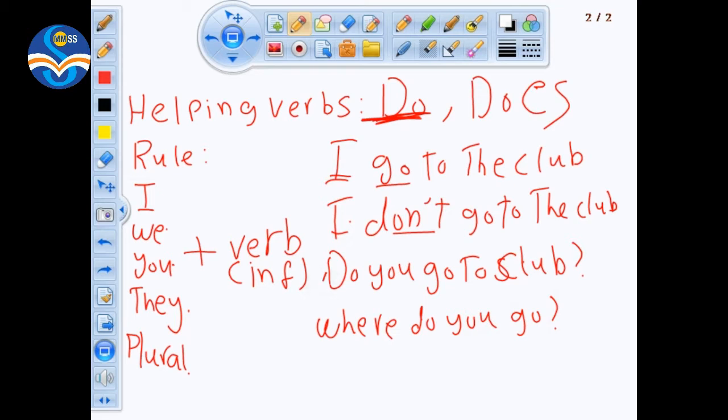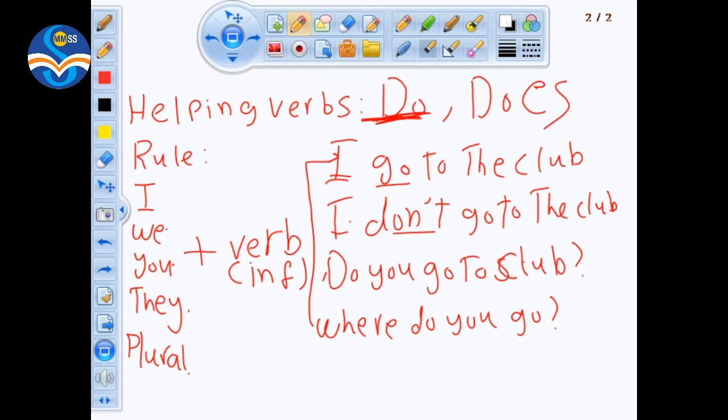If we start with do you go to the club, the answer will be yes I do, or no I don't. What about where? Where do you go? The answer will be I go to the club. I think it's so clear right now how to use the present simple with I, we, you, they, and any plural.